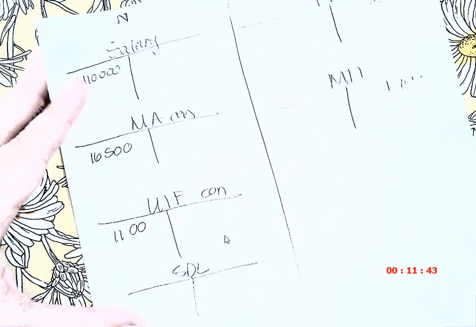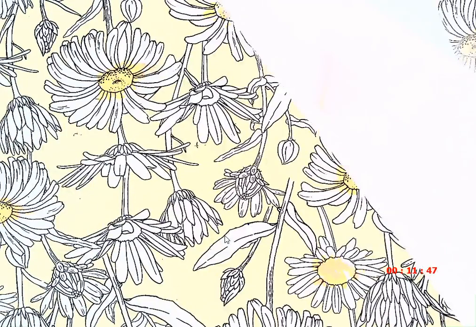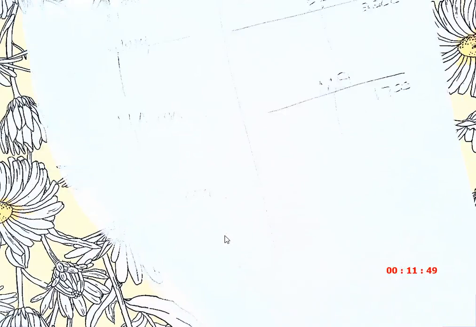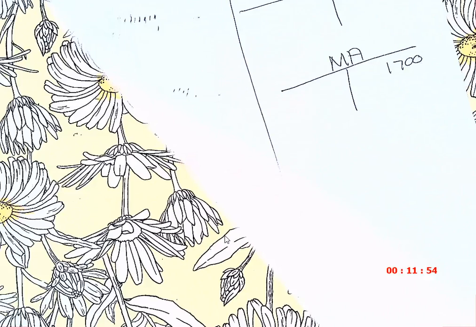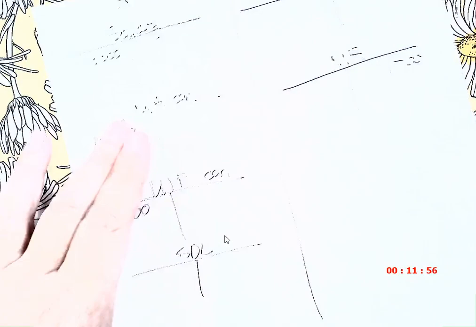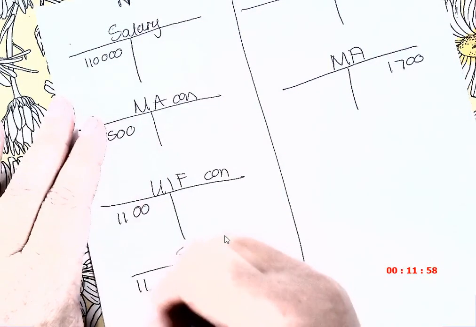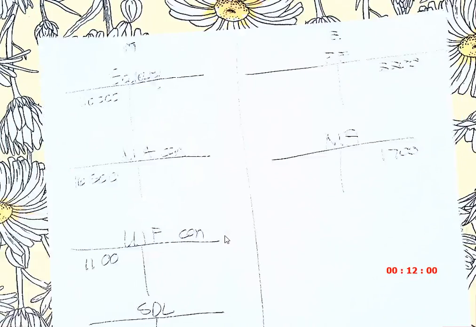Where does my balances continue? Right here. No, that's the adjustment. This one. Yeah, thank you. And skills development was also 1,100. Okay, so this is how my books look.